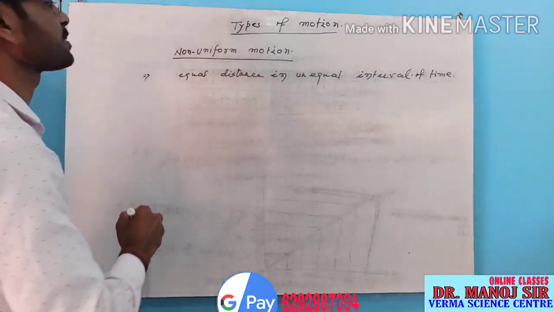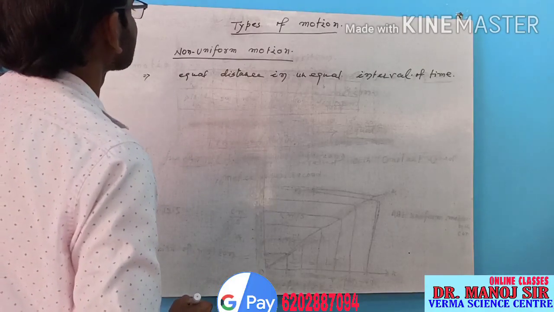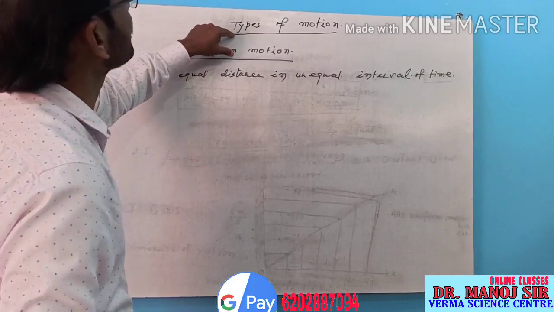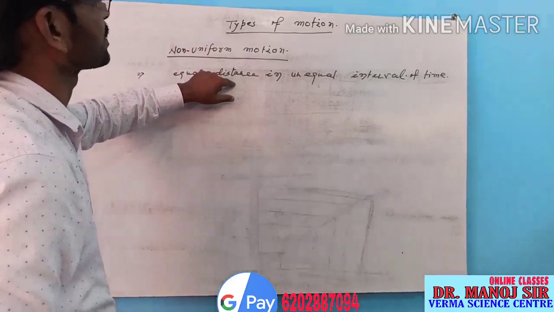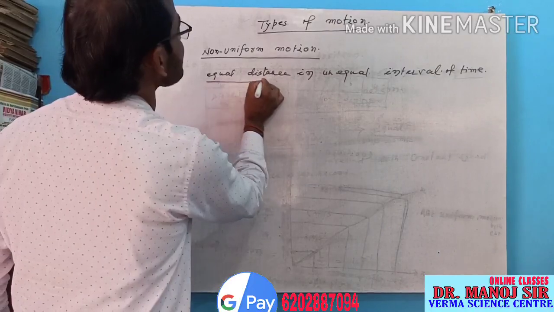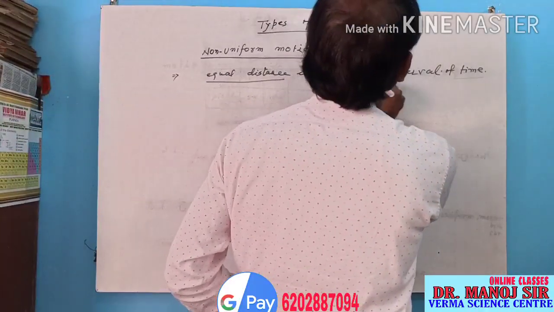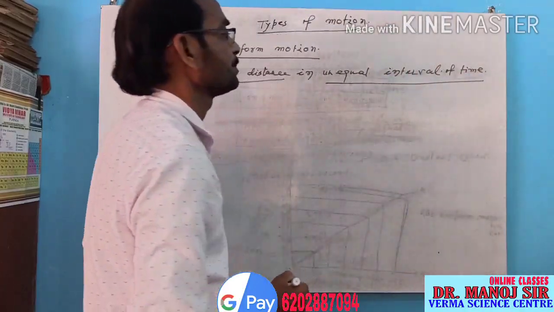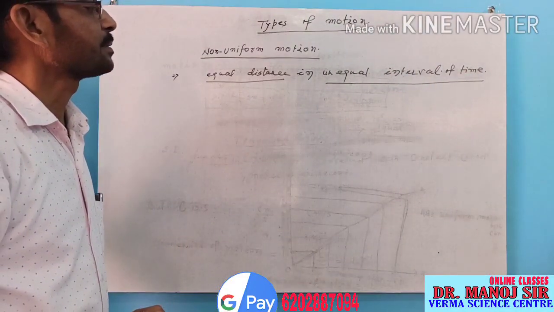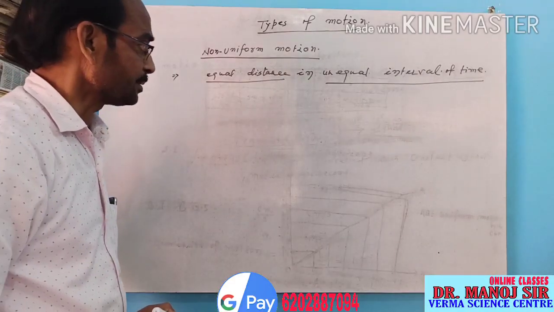It indicates just the opposite of uniform motion. Equal distance can be travelled by the body in unequal intervals of time. Time is being maximum taken in non-uniform motion.